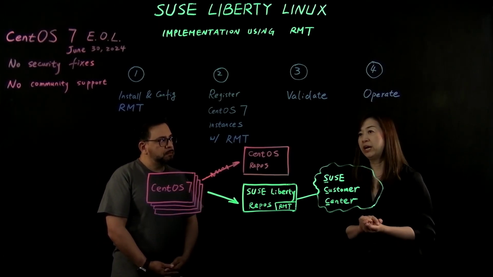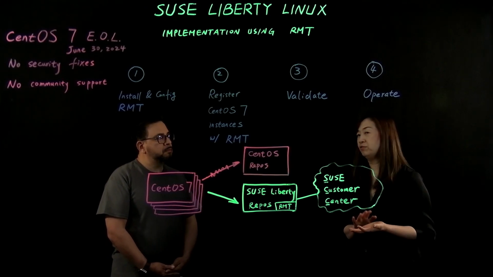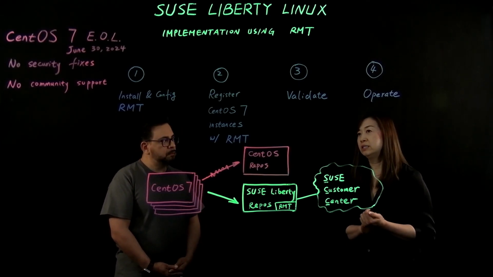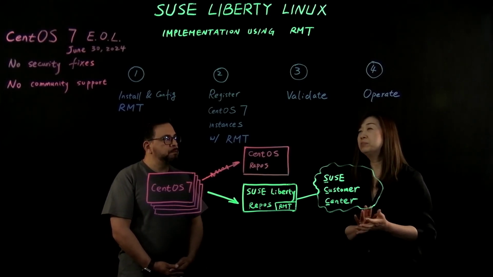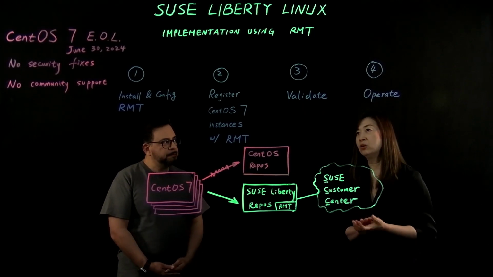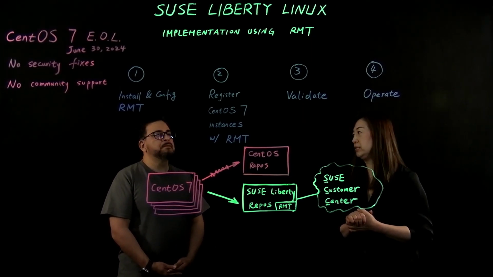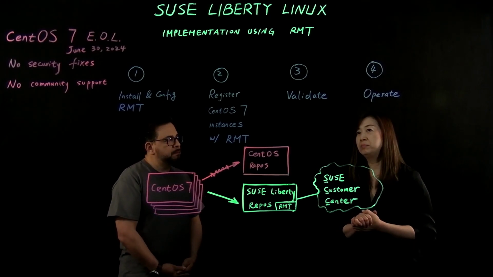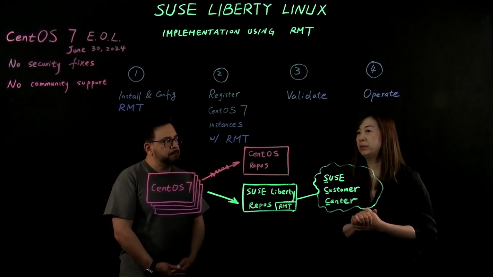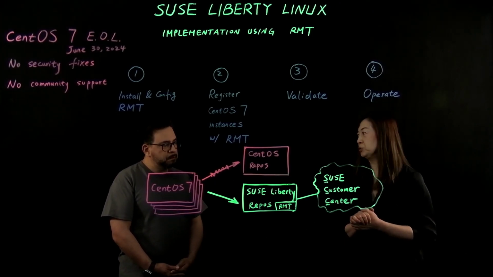If you check the OS release file, you will see it's a Liberty Linux instance. Also the RPM packages would have the signature of Liberty instead of CentOS. But because of the binary compatibility that Liberty guarantees, the applications will continue functioning without any issue.